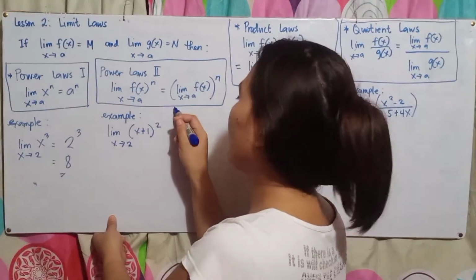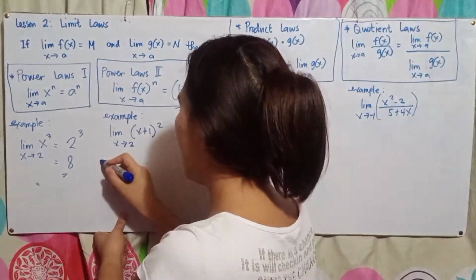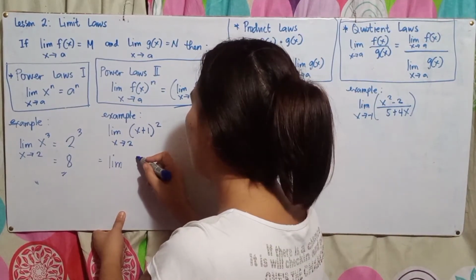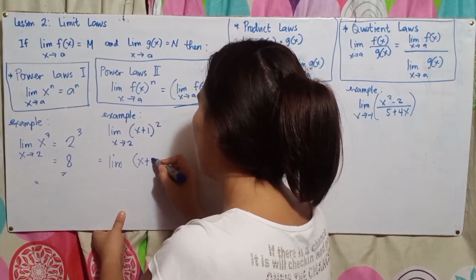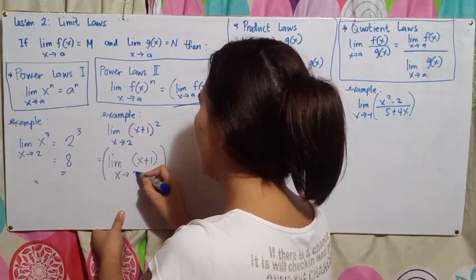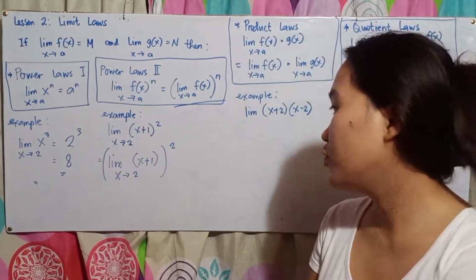So, it becomes the limit of x plus 1 as x approaches 2, raised to the power of 2.